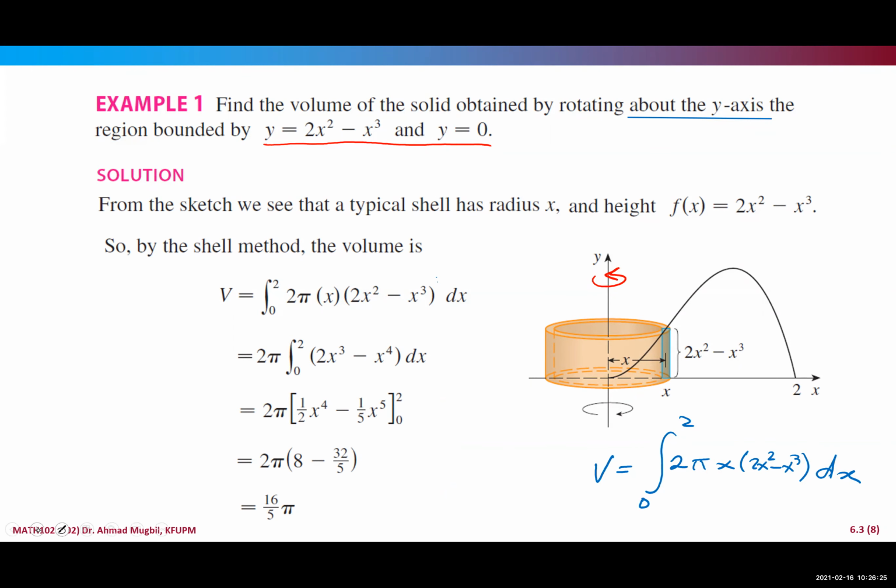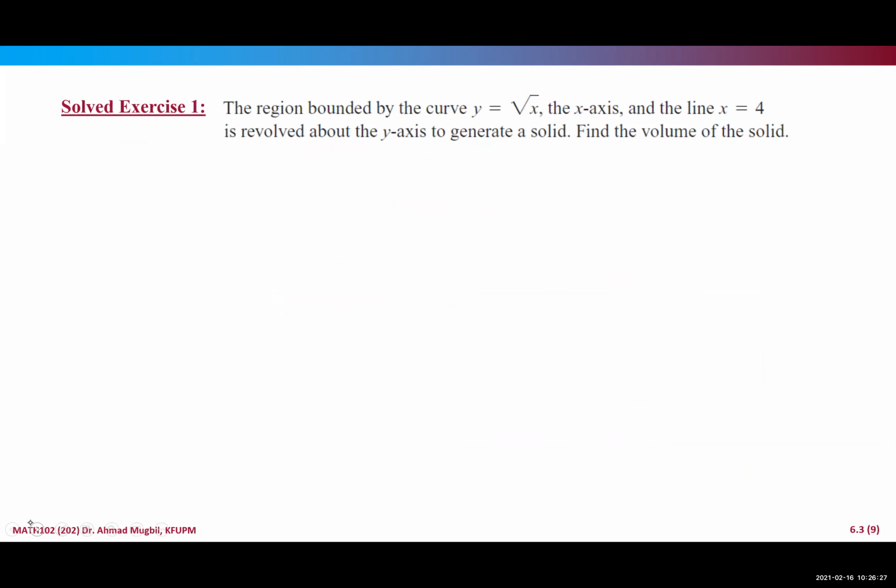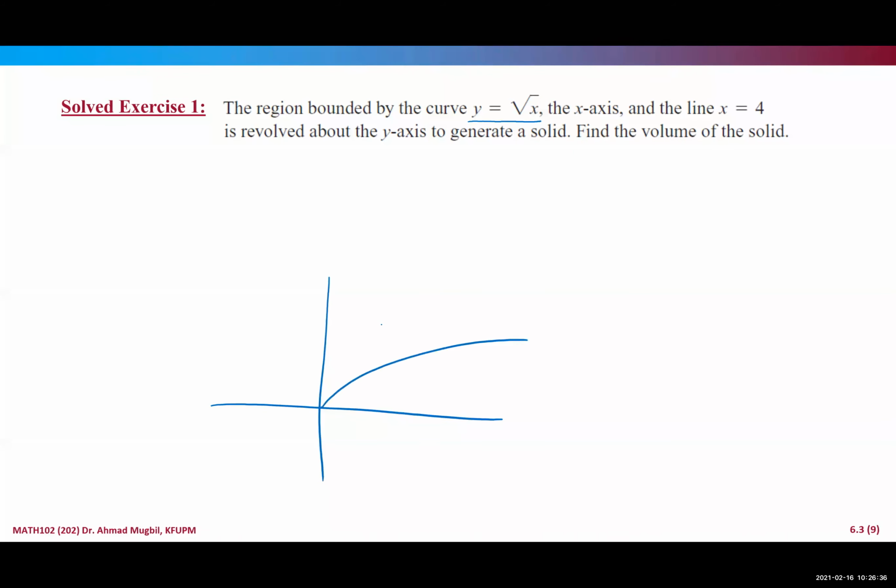Let's take another example to make it more clear. It is a solved exercise. We have here our region bounded by y equals square root of x, and the x-axis, y equals 0, and the line x equals 4.